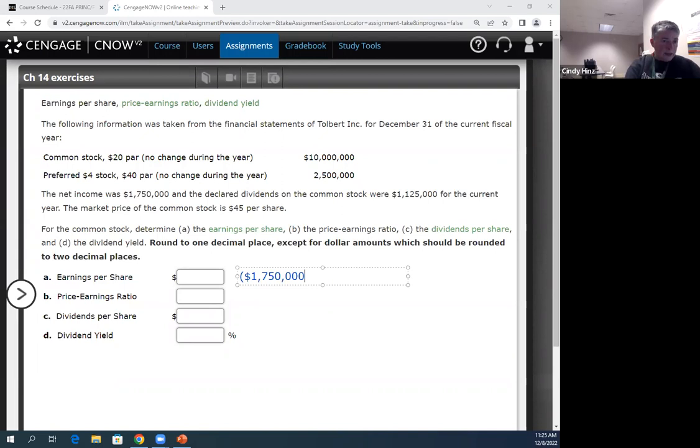It doesn't give us a percentage for the preferred stock. Instead, it tells us what the dividend is. So the stated dividend rate for the preferred stock is this $4 right here. So the $4 per share.